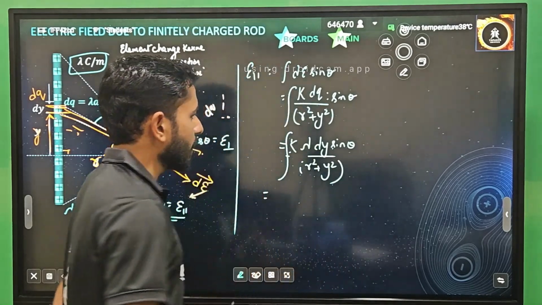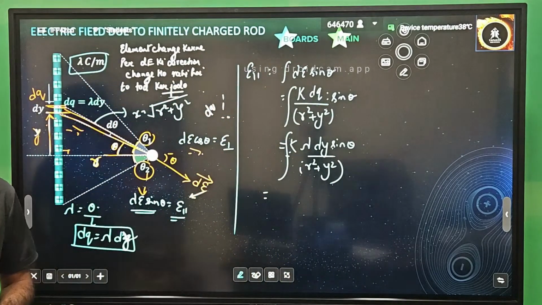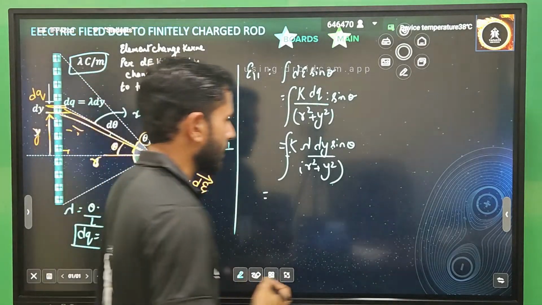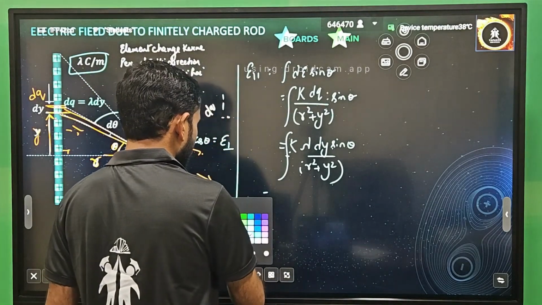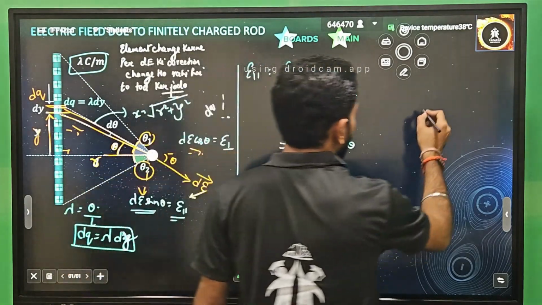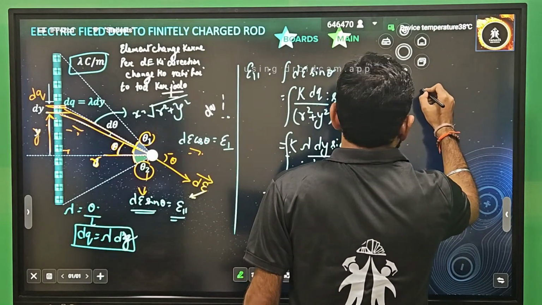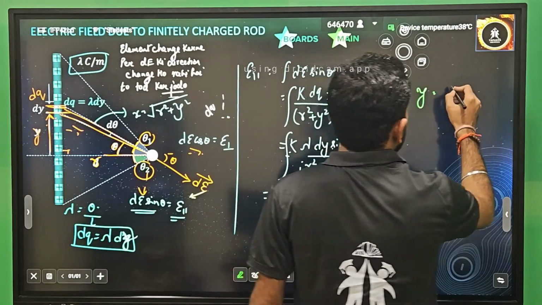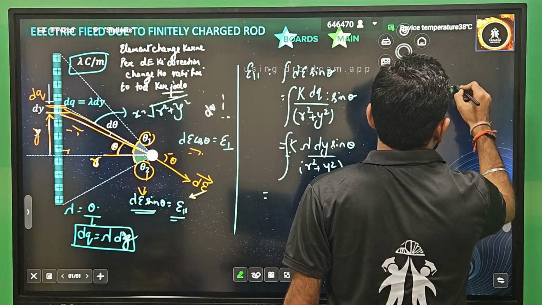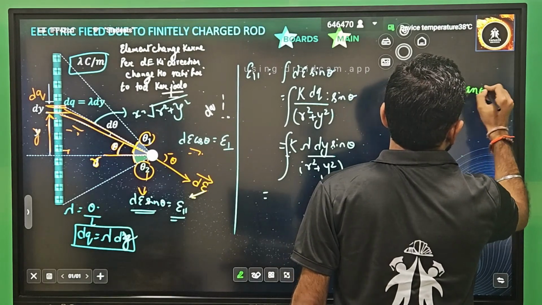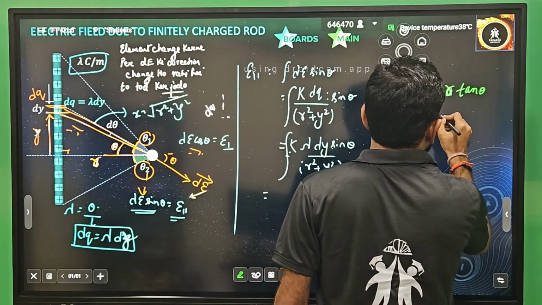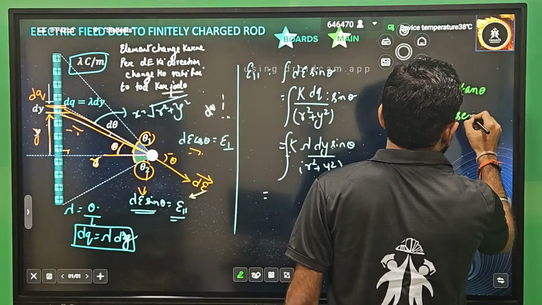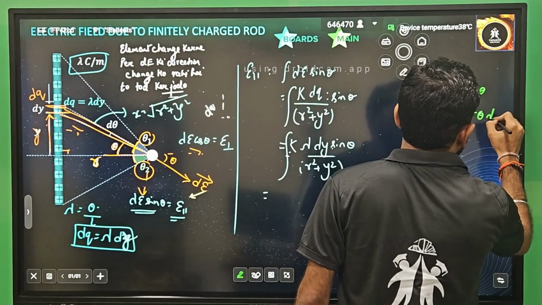Now math students will know how to do this integration, or otherwise in PU2 you will learn this integration. How do we do it? We use a substitution method. What is the substitution method? We substitute y equal to r tan theta. That means dy will be equal to r sec square theta d theta.